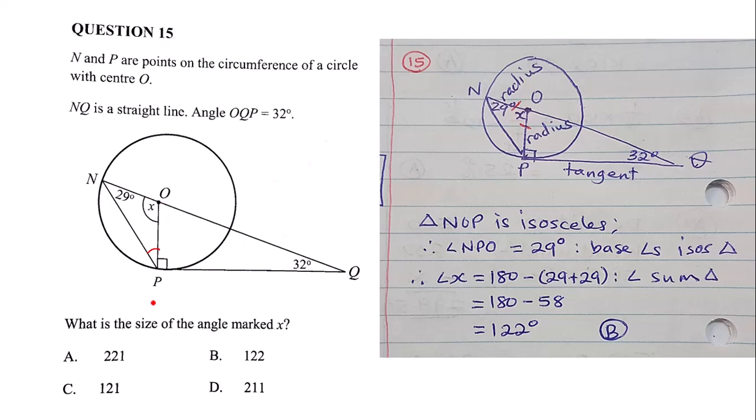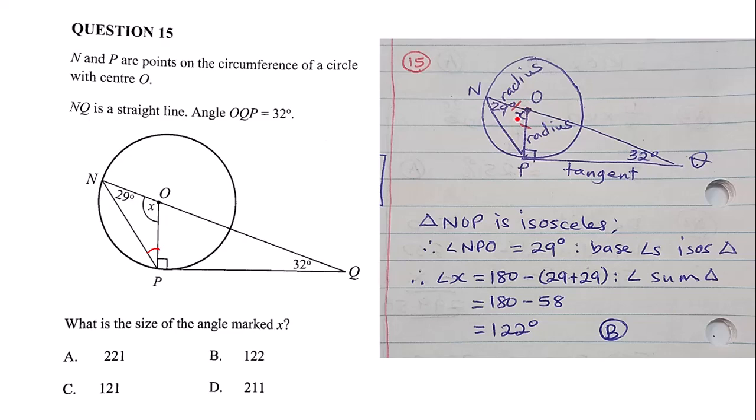all the radii, which is plural for radius, all the radii all around the circle, are equal in length. You would have noticed that these two lines here, NO and OP, are radii.